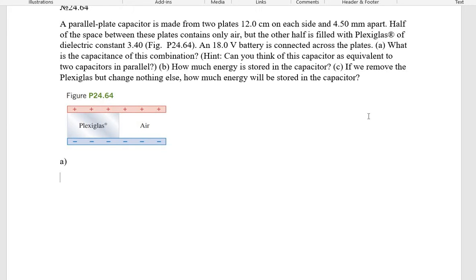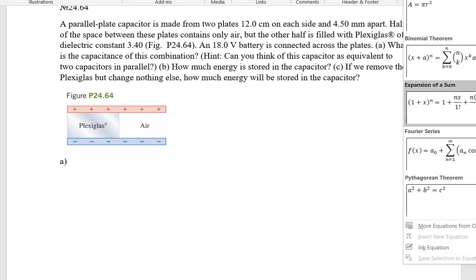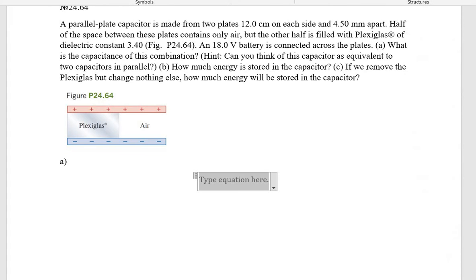To solve this part, we have to determine the formula of total capacitance, which equals capacitance of air plus capacitance of plexiglass.